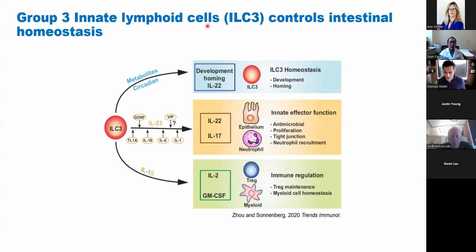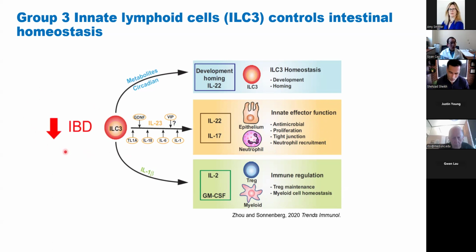In the GI tract, ILC3s are a major innate immune cell subtype, and they can be activated by a number of environmental factors, including the cytokine IL-23 and the neuropeptide called VIP. Upon activation, ILC3s produce a number of cytokines, including IL-22 and IL-17, which are important for antimicrobial response as well as epithelial barrier function in the GI tract, and therefore important for the homeostasis of the mucosa.